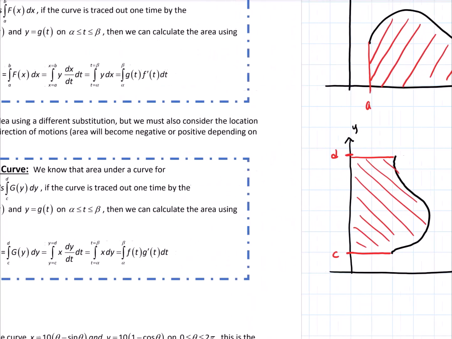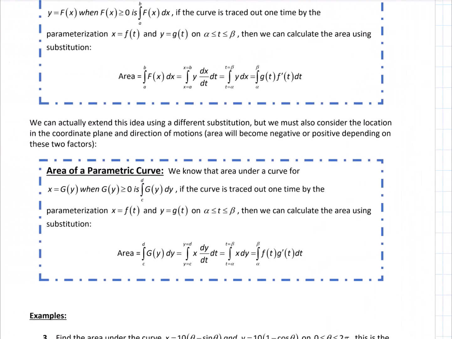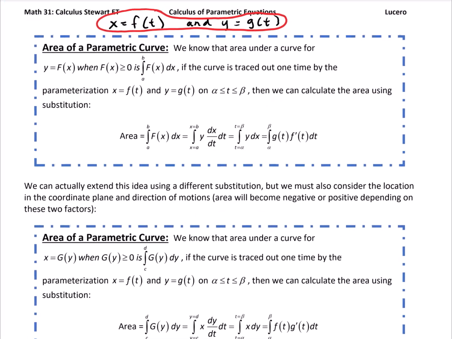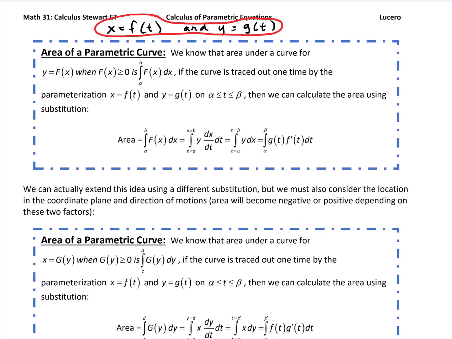So let's talk about that. Okay, so we know that the area under a curve for y equals f of x, as long as f of x is greater than 0, is, as we just said, the integral from a to b of f of x dx. Now we can say if that same curve is traced out one time by a parameterization, we'll say t runs from alpha to beta, then we can calculate the area simply using substitution.